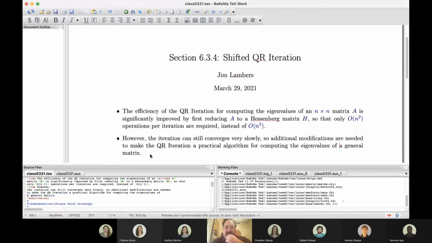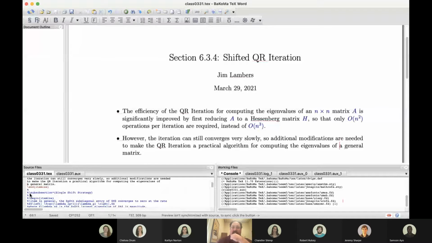But we're not done, because each iteration is okay, but there are too many iterations. Convergence to an eigenvalue revealing form, if it is upper triangular or at least block upper triangular, still takes too long. So we want to achieve convergence to that form more rapidly.